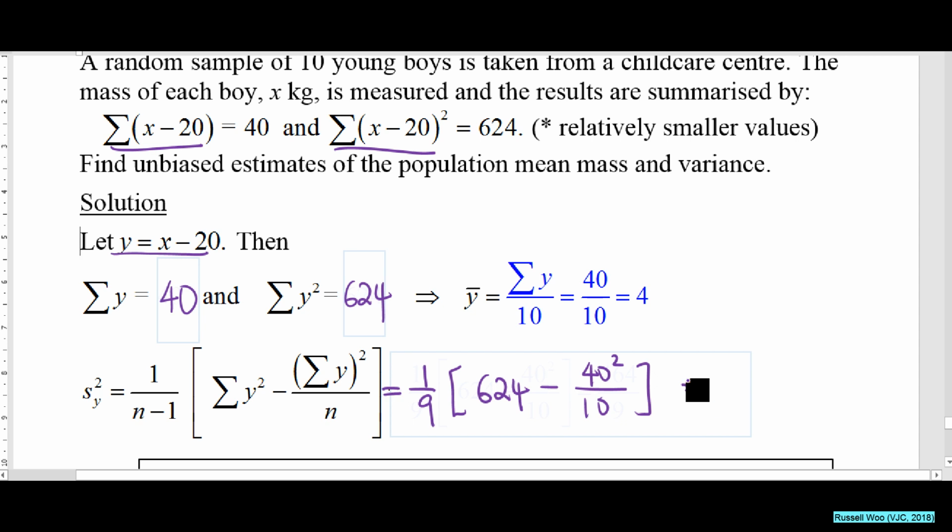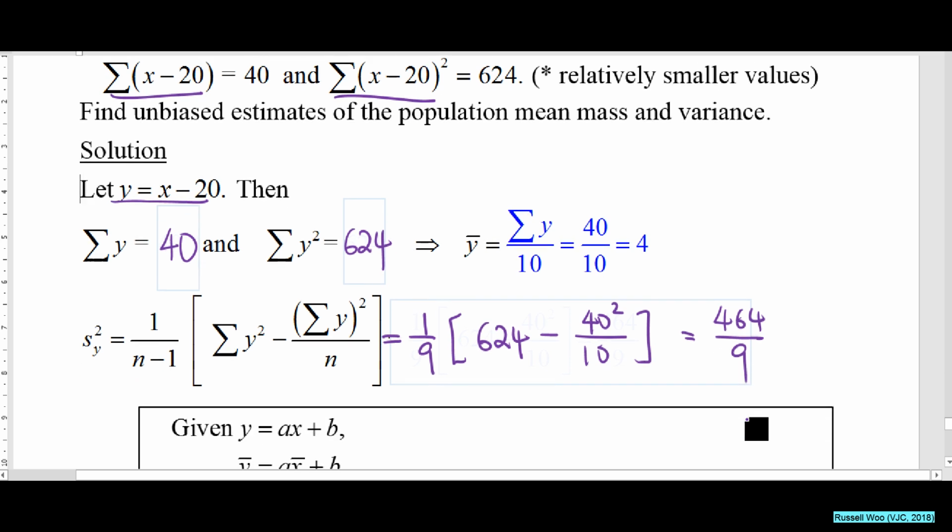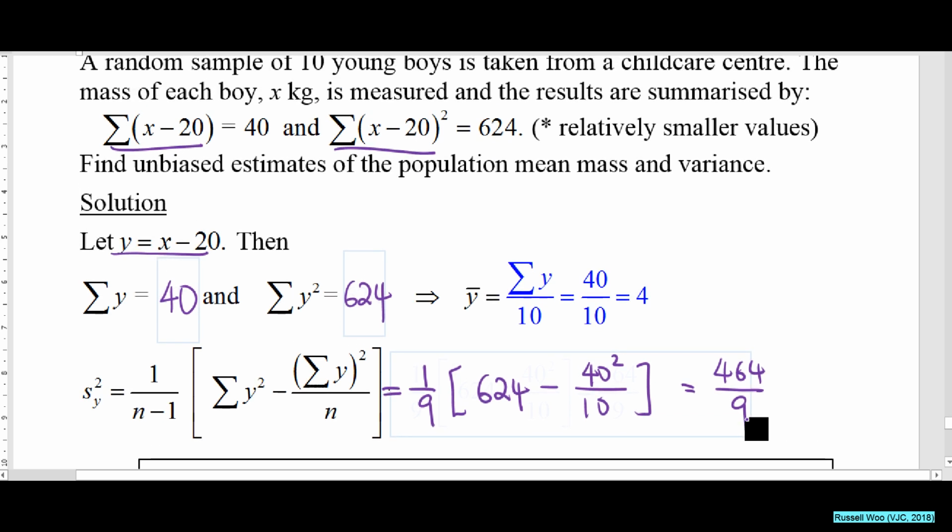All right? You will get 464 over 9. Correct? Yes? But take note, the question requires us to find the population mean and variance.